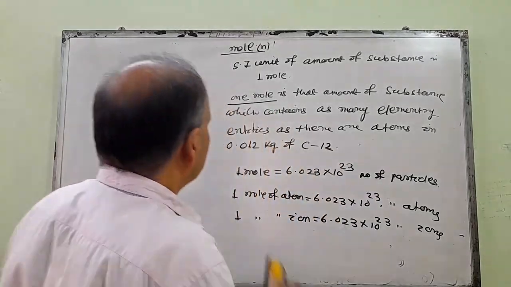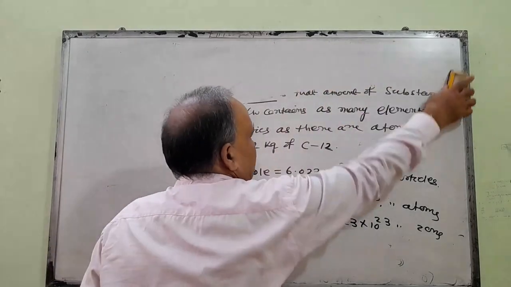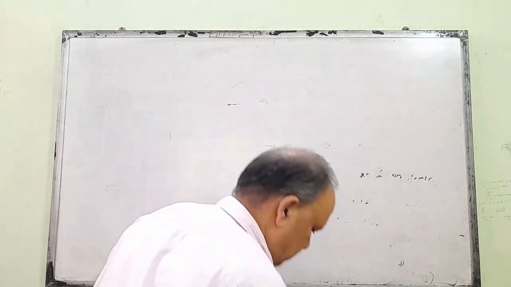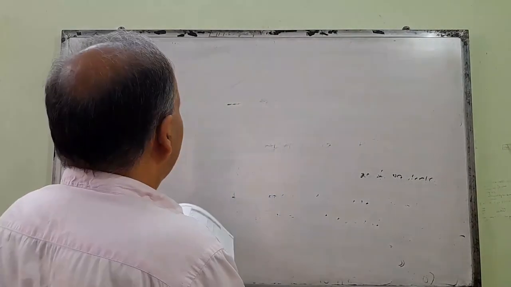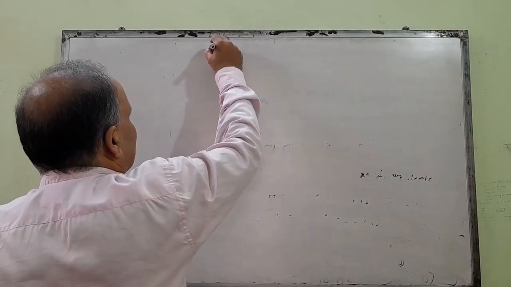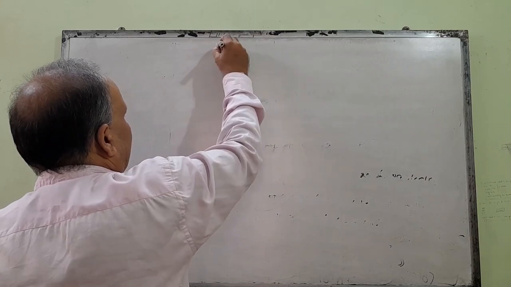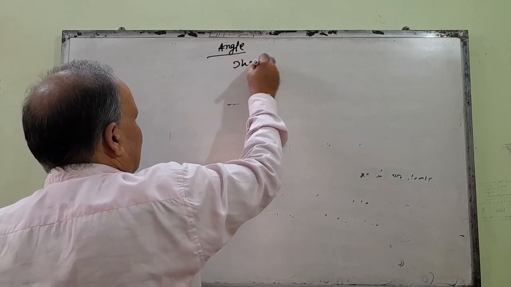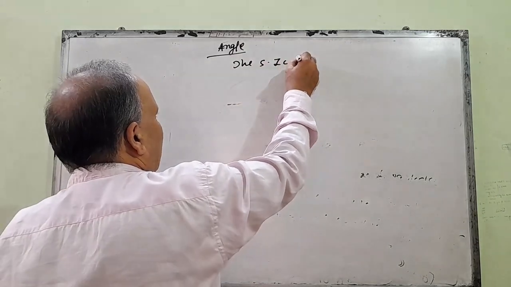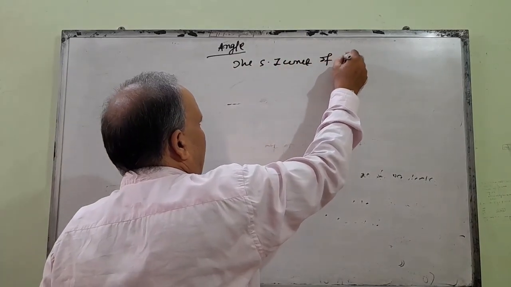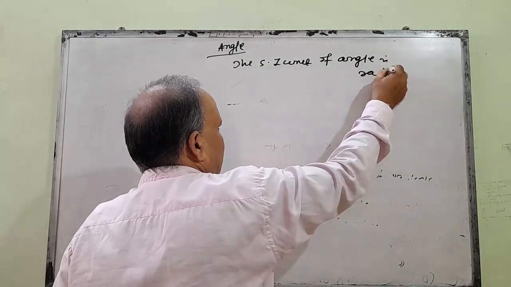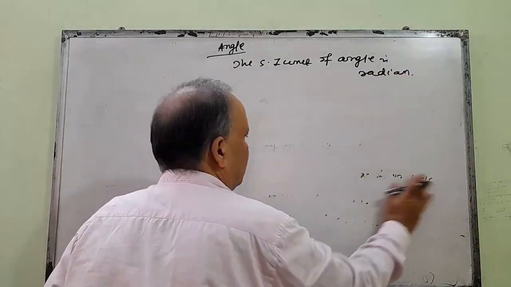Next, come to angle. What is one angle? The SI unit of angle is radian.